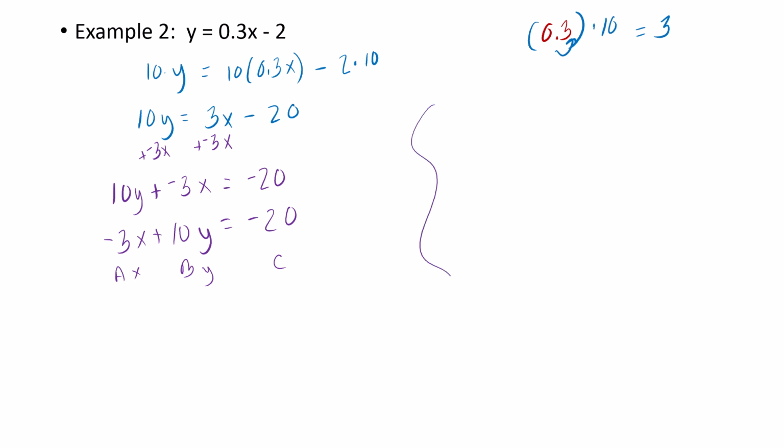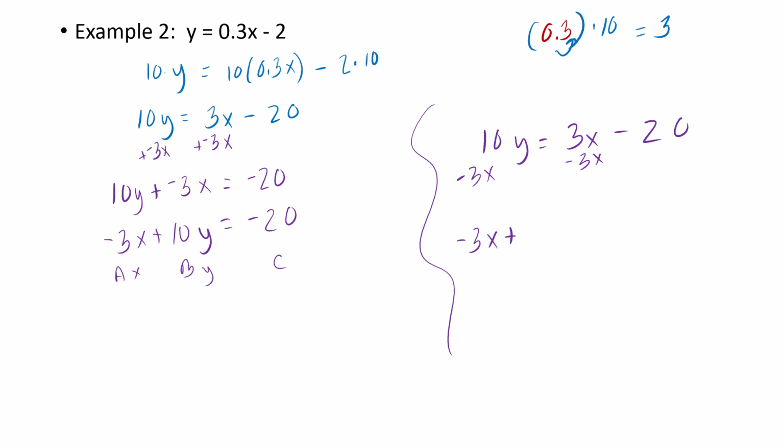Now, what I would normally do on that, just so you can see what I would do if I wasn't trying to explain it, is in my head I would just say minus 3x, and then write it like this, remembering that the minus sign is attached to the 3x, making it a negative 3x.